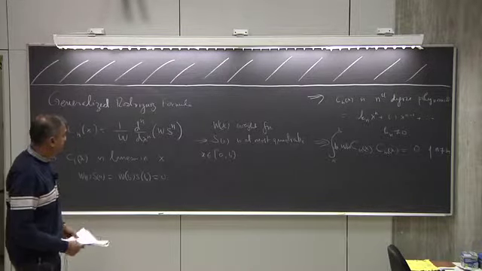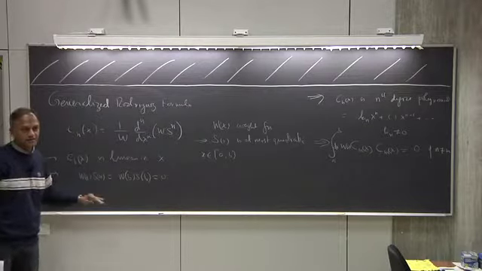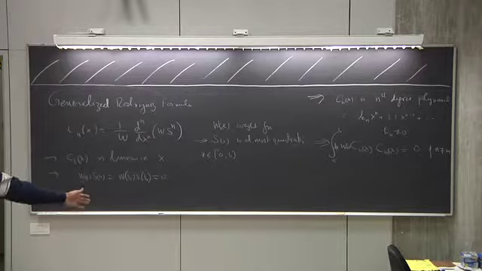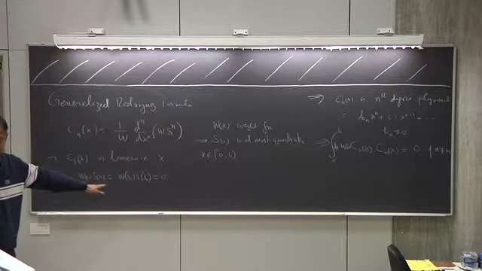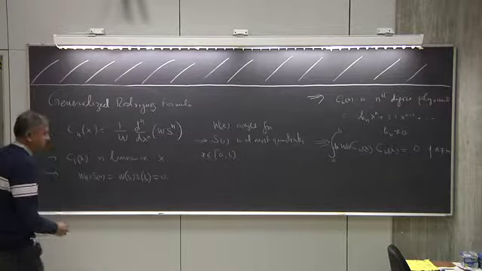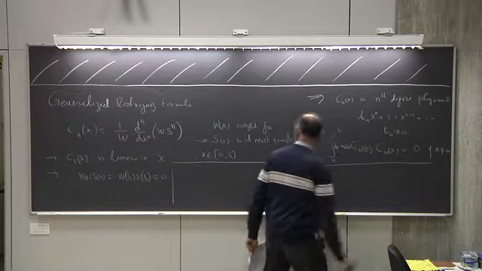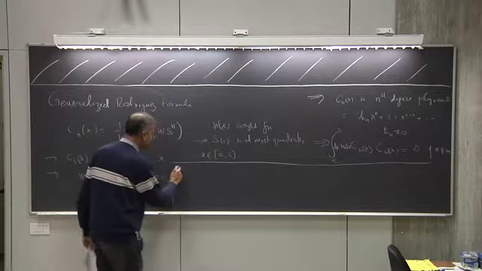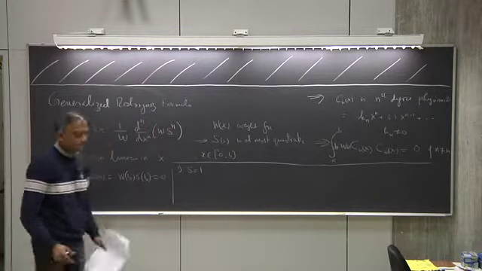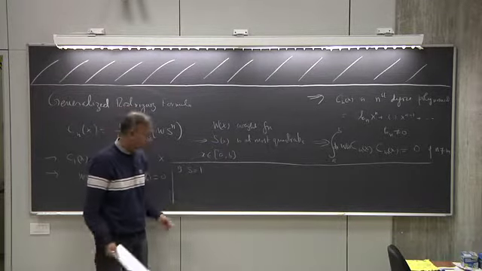Now the next step we did was to look at these conditions more carefully and try to determine what possible solutions there are of these conditions. Okay, and we found there were three possibilities. The first possibility was s is a constant, so we just take s equal to 1. This is at most quadratic, so of course s equal to constant is also one of them.